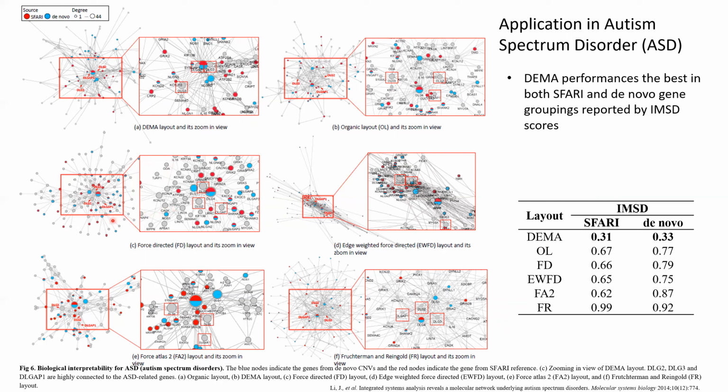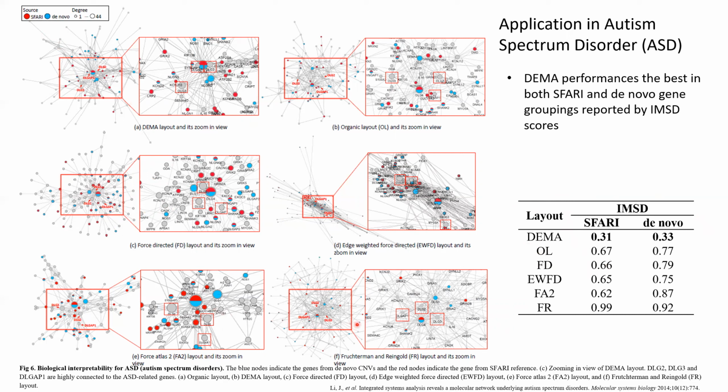In this module, there are two annotated gene sets, SFARI reference genes and de novo copy number variant genes, annotated in red and blue. DEMA performed the best in both SFARI and de novo gene grouping, as reported by the IMSD score.